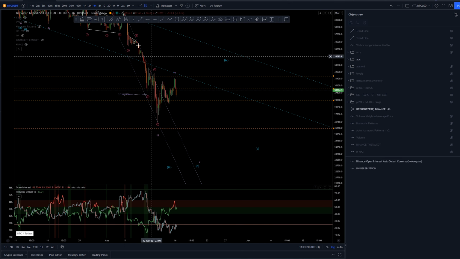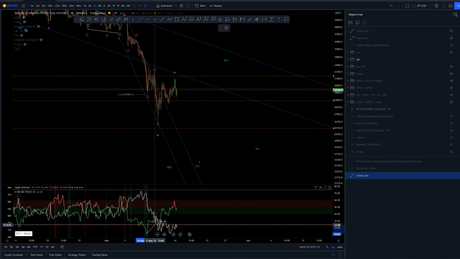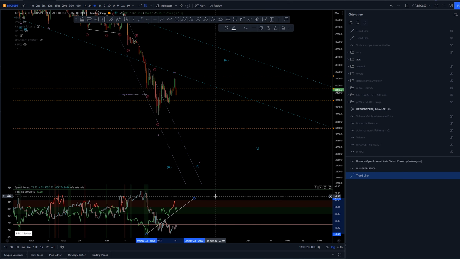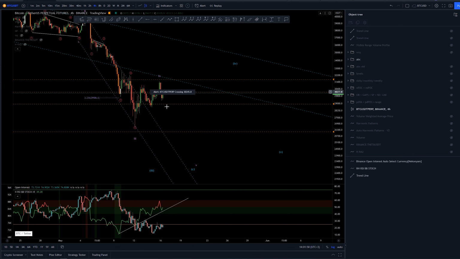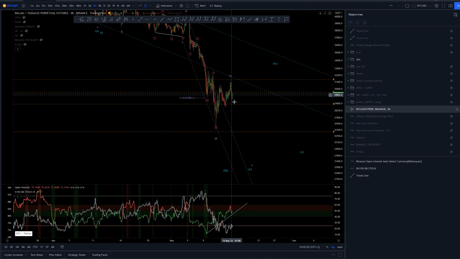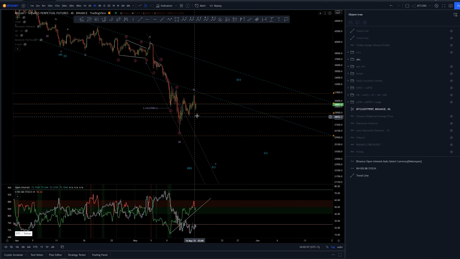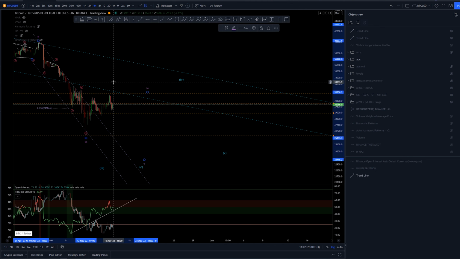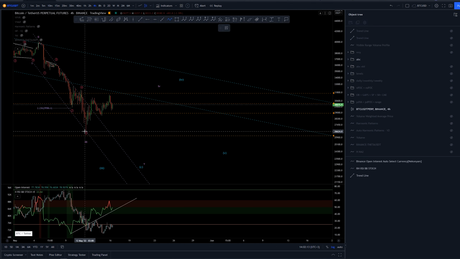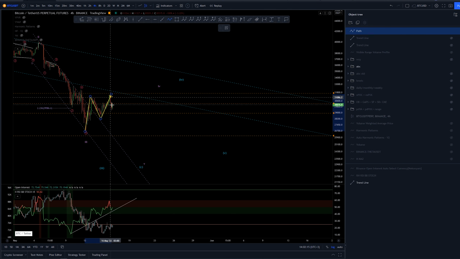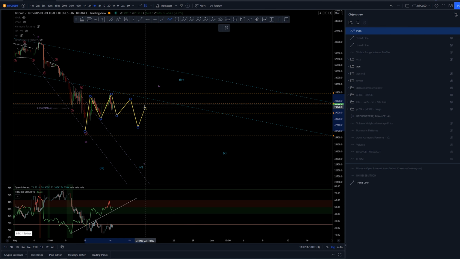RSI has already reset itself quite well here, following this trend line up here, and we could definitely, after clearing this RSI coming down, backtest it and then just fall really badly. Of course, this doesn't need to be the end of 4th. This can be just the start of 4, saying this is the first 3 waves, then we get 3 waves down, and then either 3 waves up or 5 waves up.